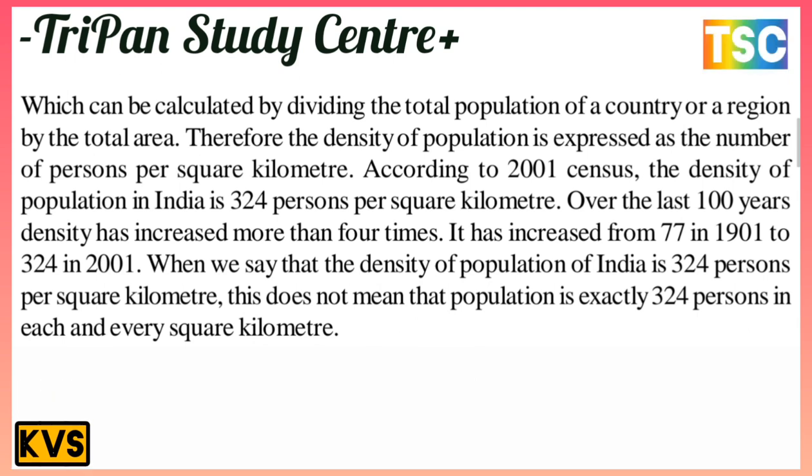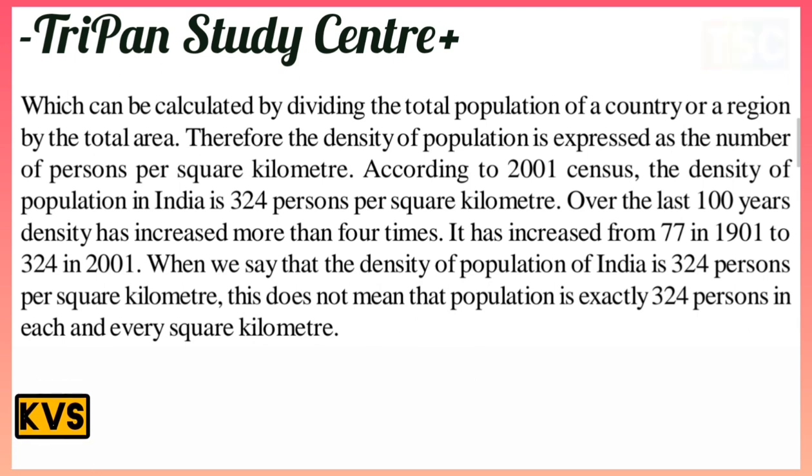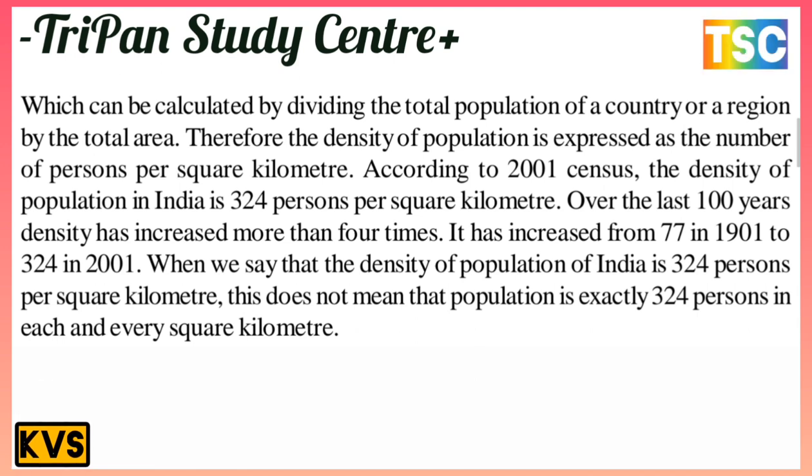According to the 2001 census, the density of population in India is 324 persons per square kilometer. Over the last 100 years, density has increased more than 4 times.